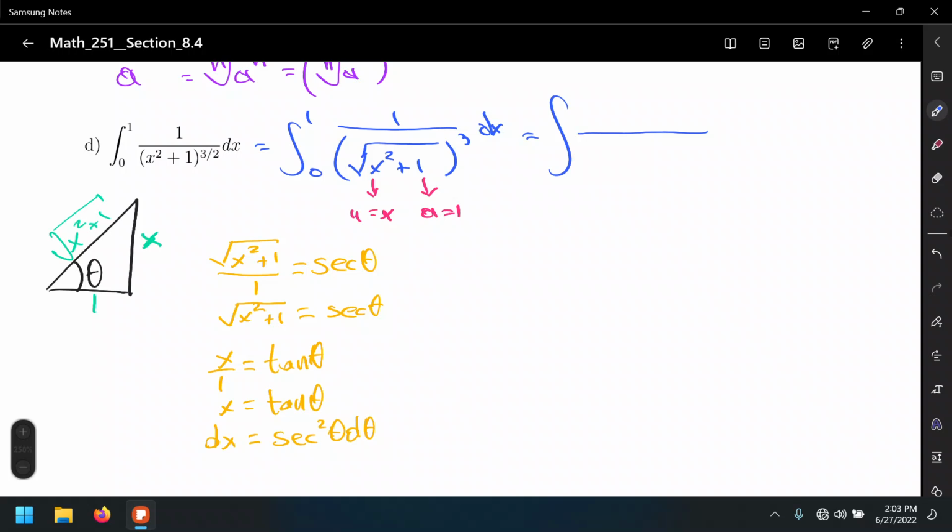Well, so we have secant theta quantity cubed, and in the numerator for the dx, we're going to have secant squared theta d theta, which will be really nice because this square over this cubed is going to leave us with 1 power of secant.